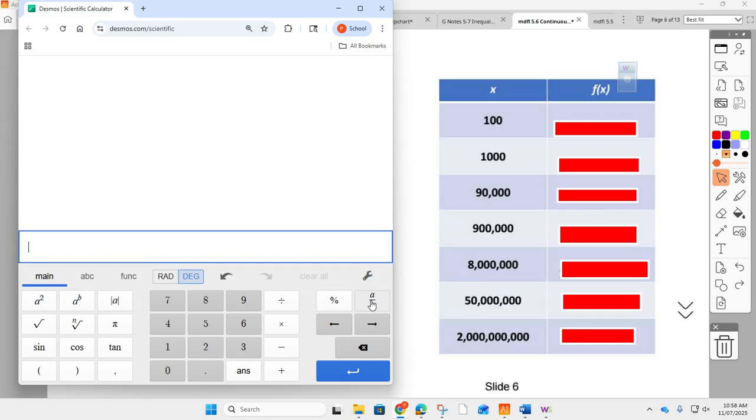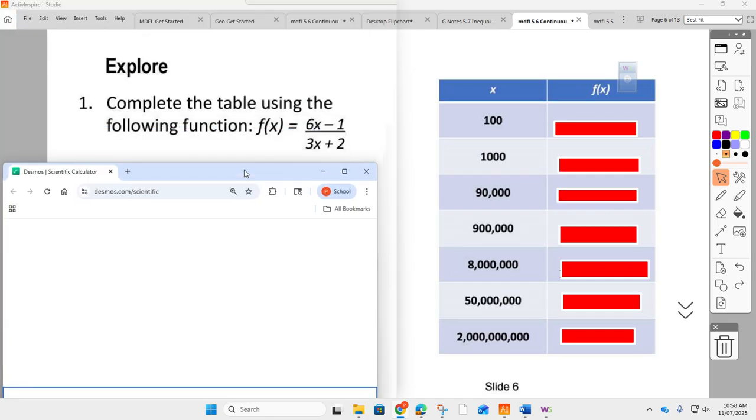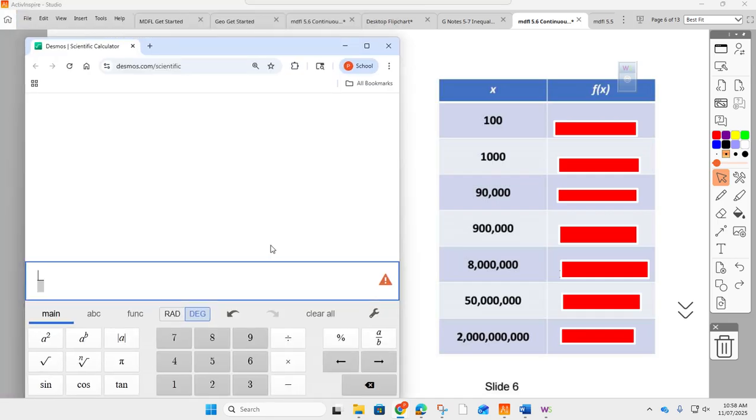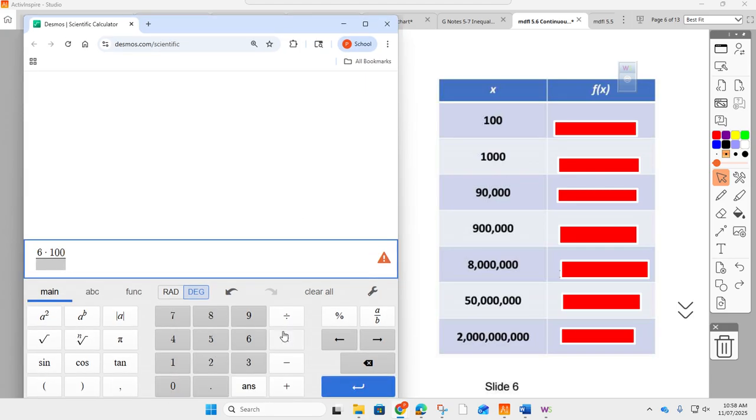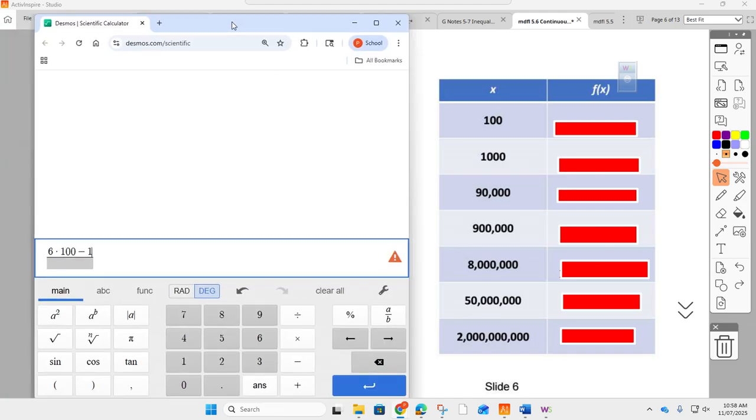So the numerator is 6 times our input. So 6 times 100 minus 1. And the denominator then is 3 times the input, or 3 times the x, which is 100, plus 2.